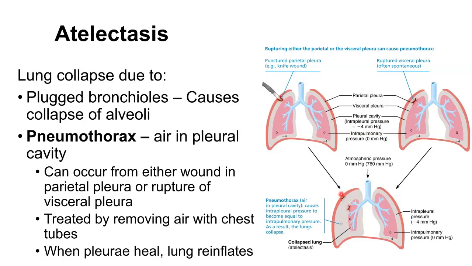When you breach that space, the interpleural pressure becomes equal to the pressure that's in the lungs and also therefore in the atmosphere. And this causes the lung to collapse. This is treated by removing the air with chest tubes, and when the pleura heal, the lung will reinflate itself. So this is a real life example of why maintaining this negative pressure in the intrapleural space is critical for keeping the lungs inflated.